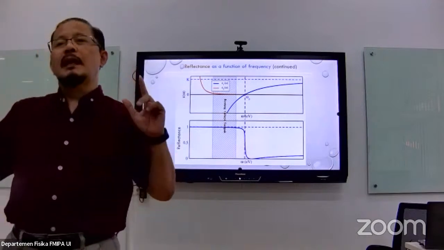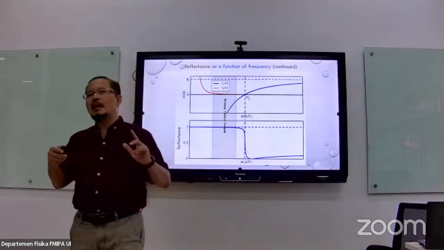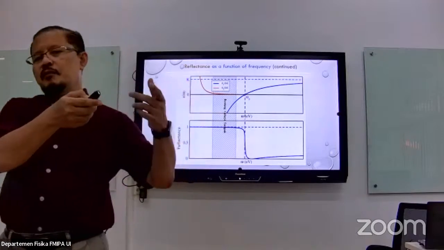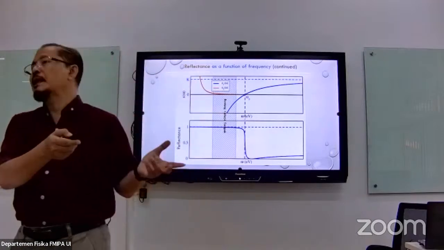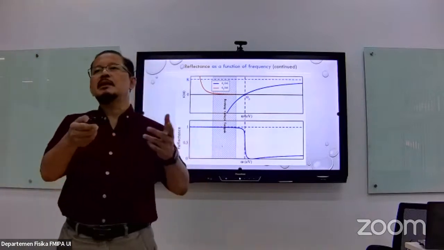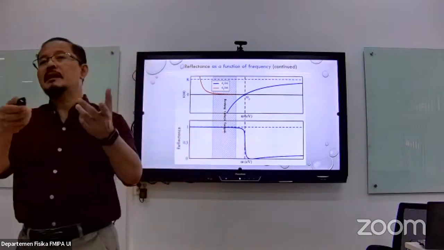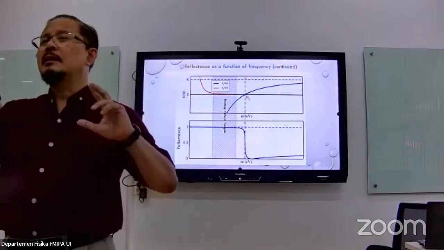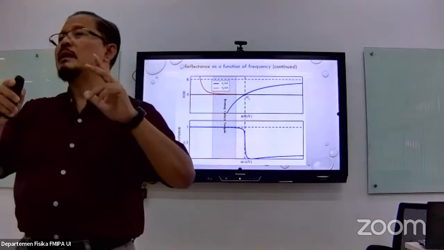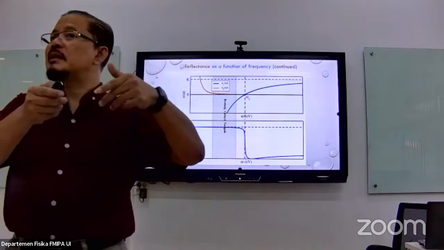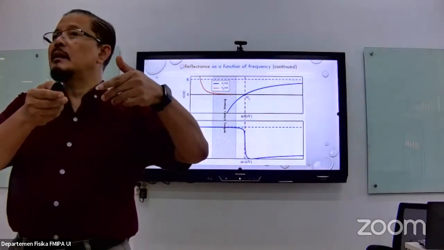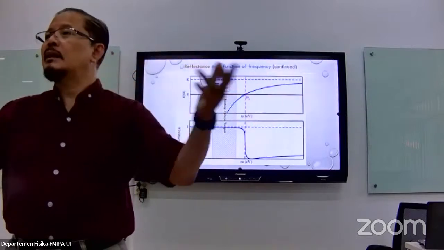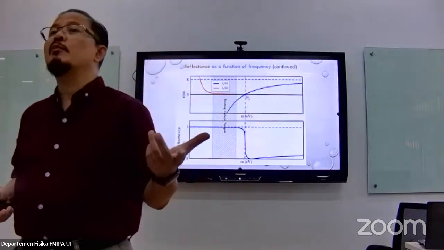But if we are smart enough to select which mechanism gives the main behavior, then we propose a simple model with only this ingredient and neglect the rest, and we come up with a toy model.